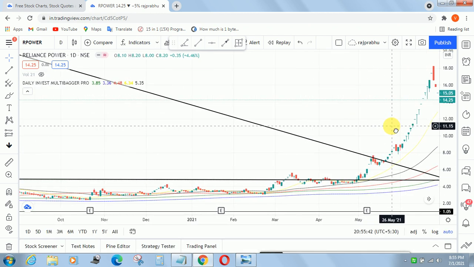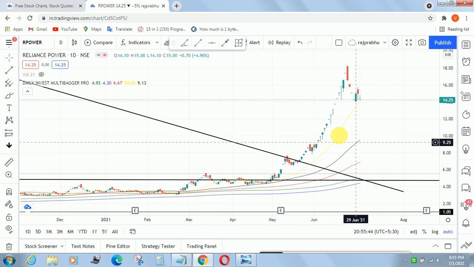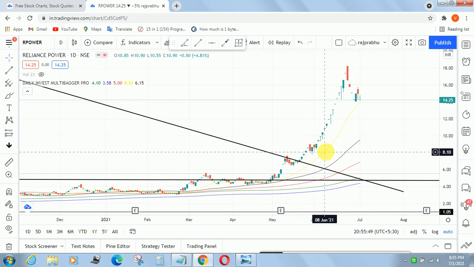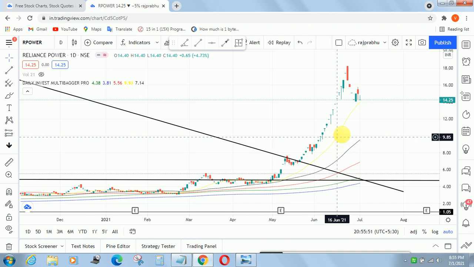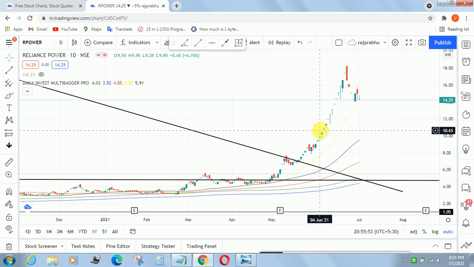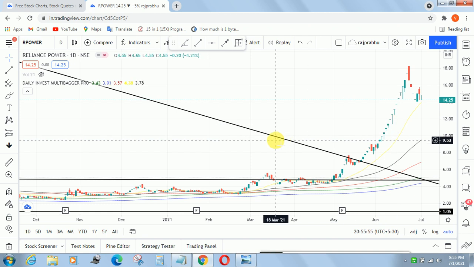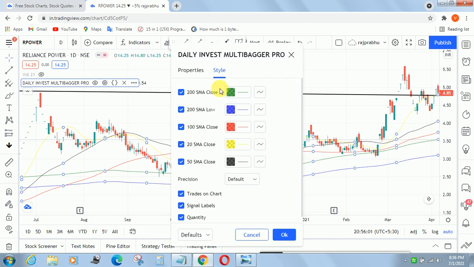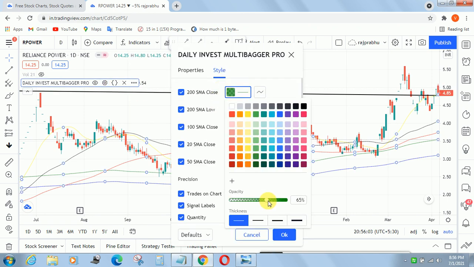The indicator lines will look like this. It may show in a very small size. You need to click the settings to increase the color and breadth of these lines.